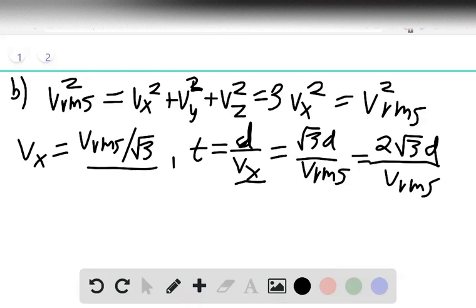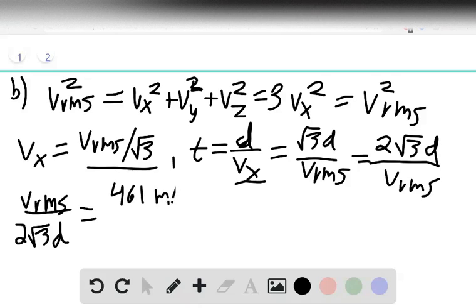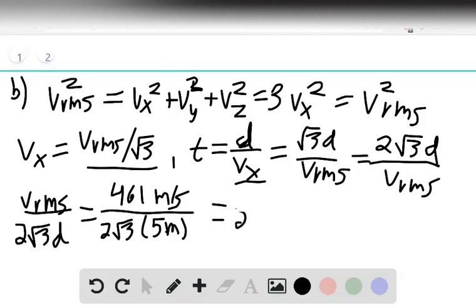So that's going to give us V RMS over 2 square root 3 times d. And you plug everything in: 461 meters per second over 2 times root 3 times the distance, which is 5 meters. Plug all that in, and we get 26.62 trips, which we can round to 27 round trips.